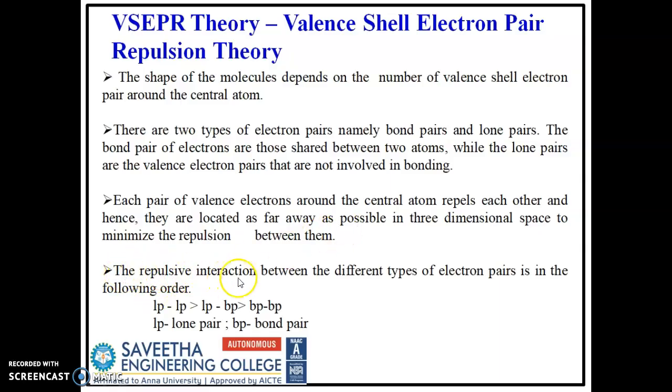The repulsive interaction between the three different types of electron pairs is in the following order: the repulsive interaction is more in lone pair-lone pair than in lone pair-bond pair, than bond pair-bond pair. Based on these postulates, we can find the geometry of the molecules.